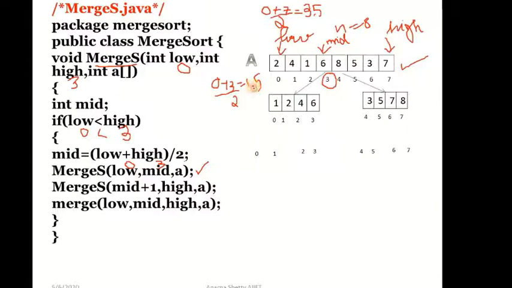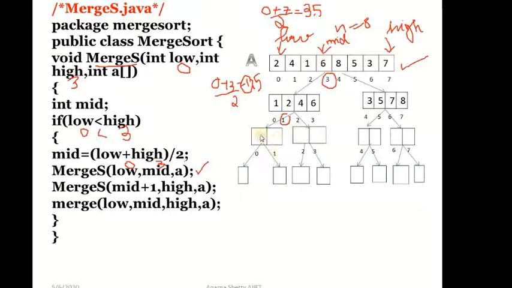Since mid is an integer variable, it will store only the integer part, that is 1. So in this case, 1 is mid. Here, if you see, it will split this array again. After computing the mid, it will call merges again.